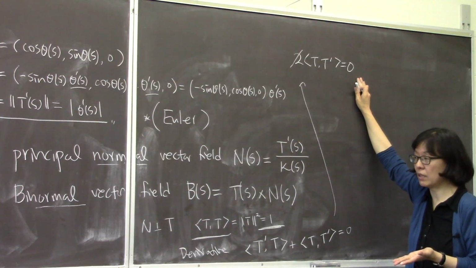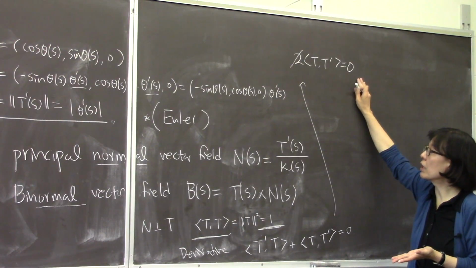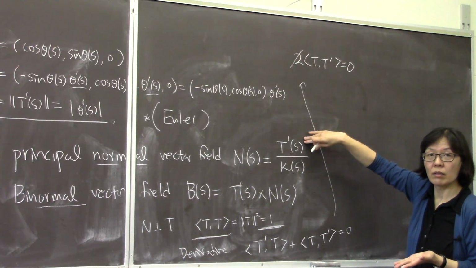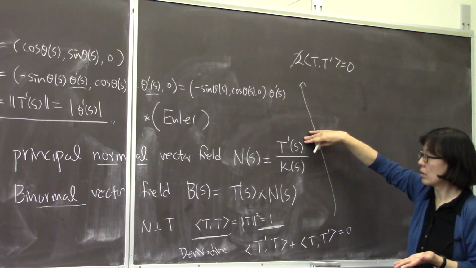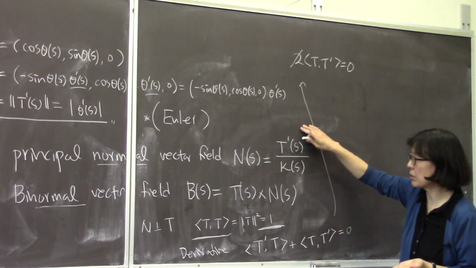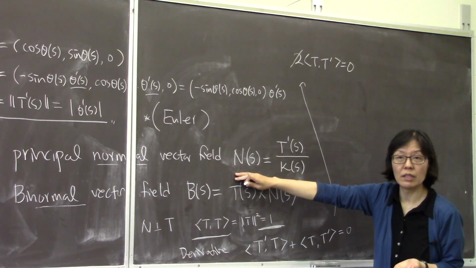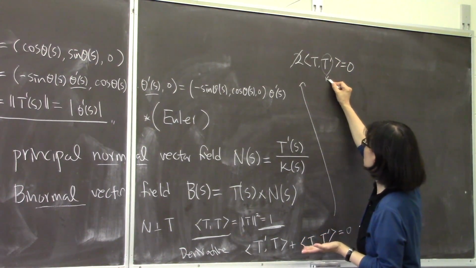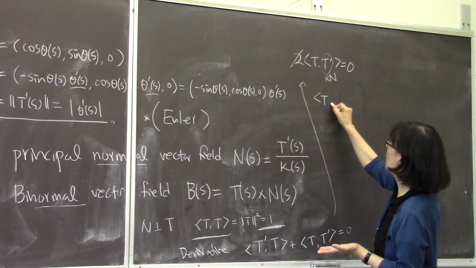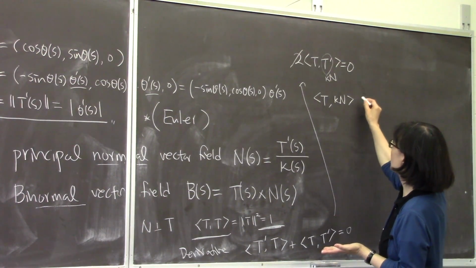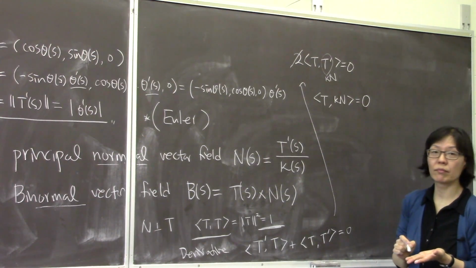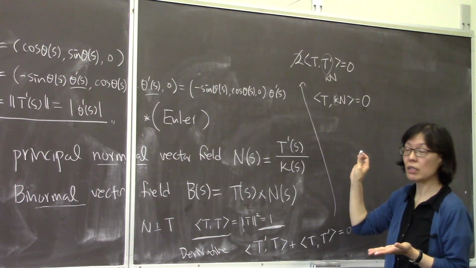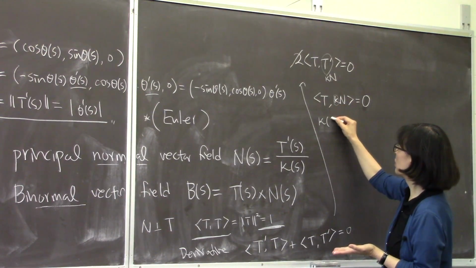Then what is T prime? By definition, T prime is curvature times N. So we replace it by curvature times N, and the dot product of T and kappa N is 0. Kappa is a real valued function, so we can take it out.